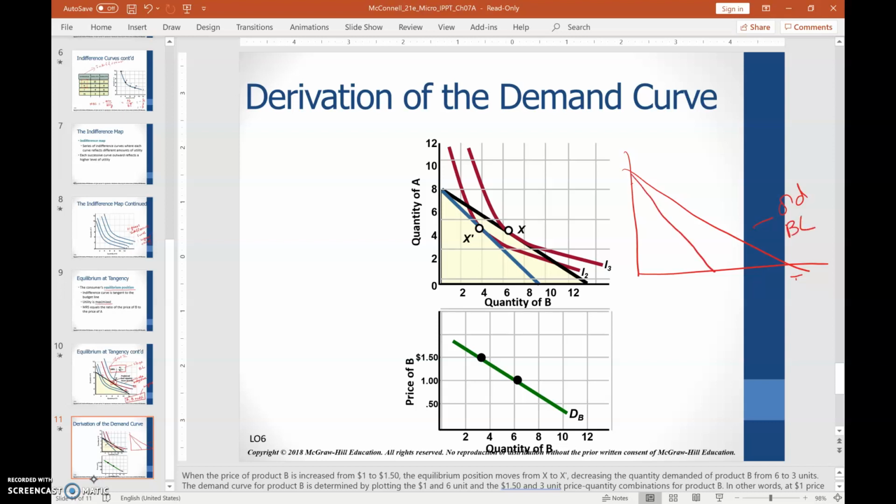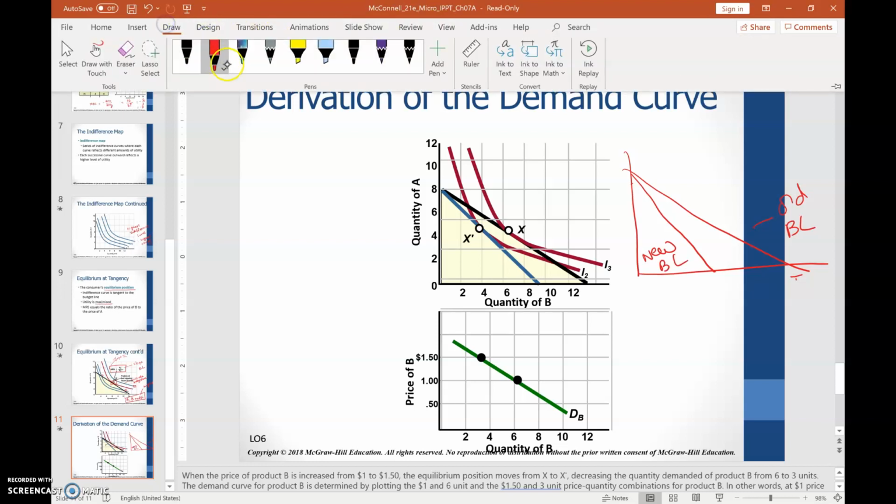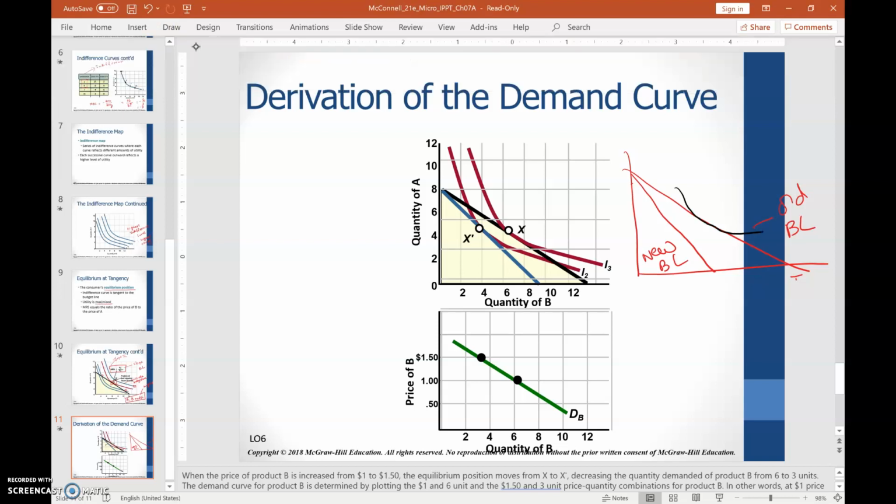This is the new budget line, and we are going to have indifference curves. This is an intersection point. This is another intersection point.